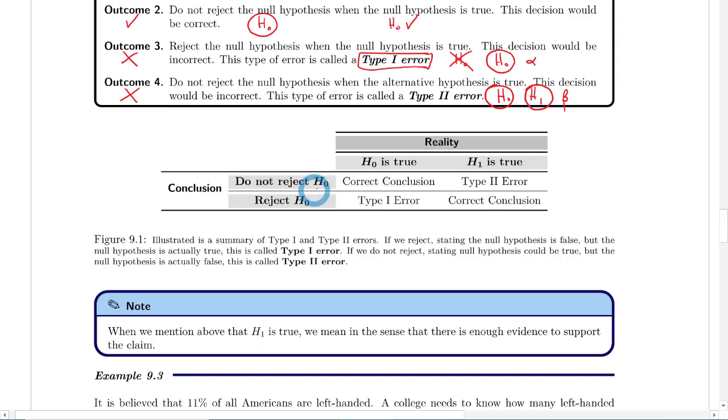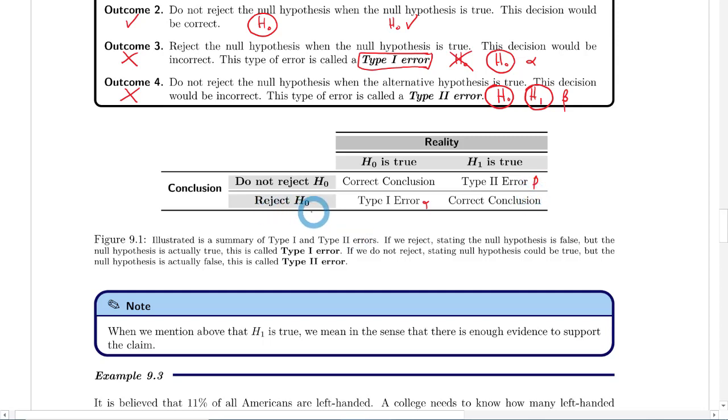But if we do not reject the null, that means we accept the null when we should have accepted the alternative. That's the type 2, right? That's outcome 4. Rejecting the null when the null is true, that's the type 1 error. So that's the alpha, this is the beta.